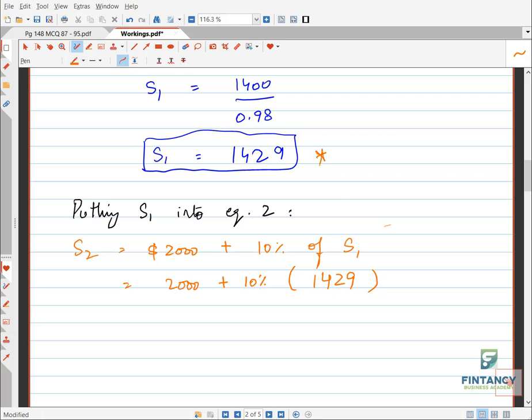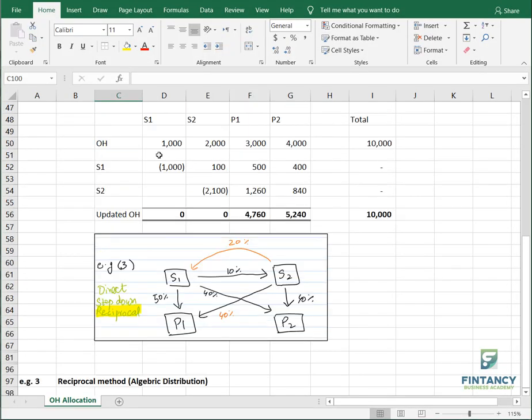Because we already got to know S1. So how much will it become? I think it will be 143, yes. So it will become 2143. Right or not? So S2 is 2143 and S1 is 1429. Let me go to the Excel sheet and write this here.